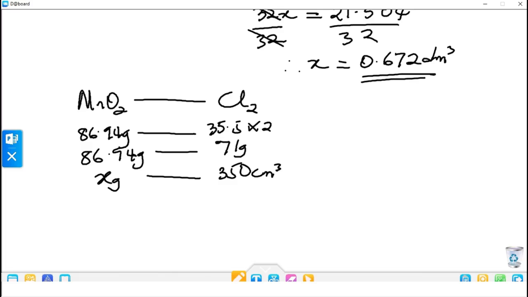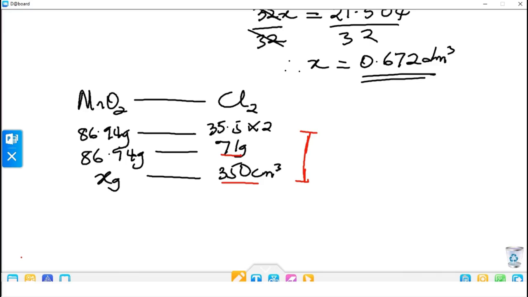But the question wants us to find the mass of MnO2 that will produce 350 cm³ of chlorine. Since the question is talking about volume of chlorine, we have to focus our attention on the volume of 71 grams of chlorine so that it can tally with 350 cm³. So the two parameters ought to tally.